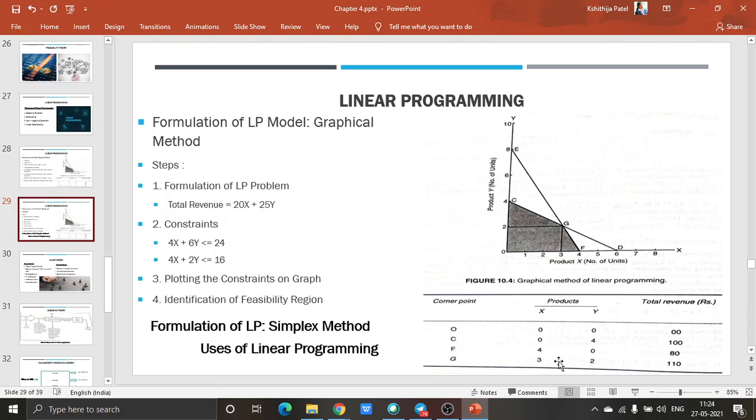And for corner point G, 3 into 20 plus 2 into 25 would be 110. Since the basic objective in the problem is to maximize revenue, corner point G will give the maximum output. So definitely it shall be selected.